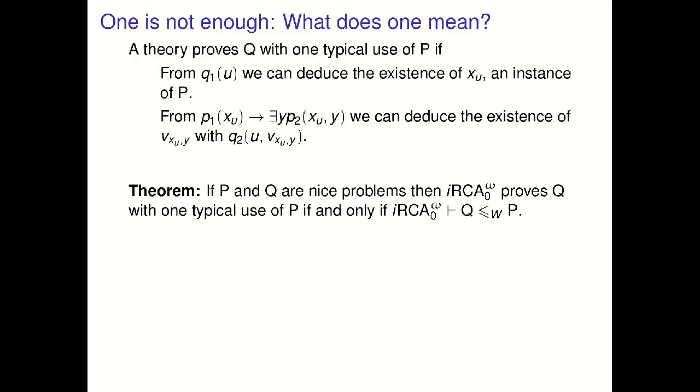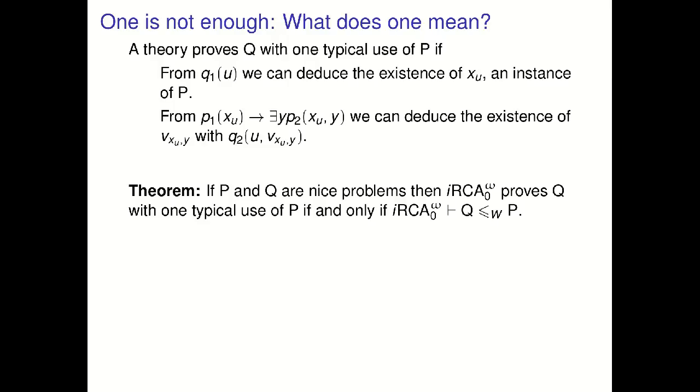So, our formulation that we had before: I said I was going to show you that you can't prove Ramsey's theorem for pairs in 4 colors with one typical use of Ramsey's theorem for pairs in 2 colors. So let me finally tell you what I mean by typical in this setting.